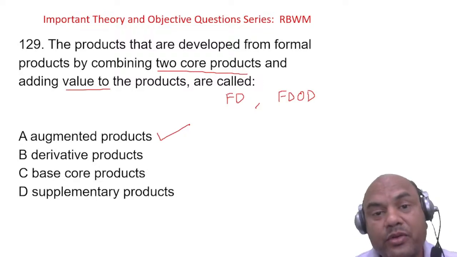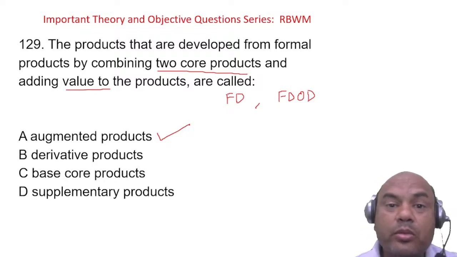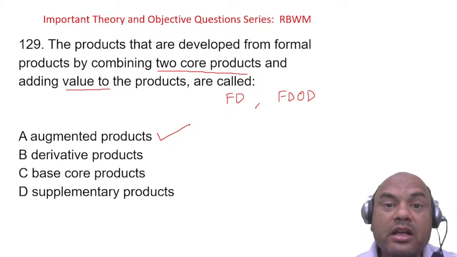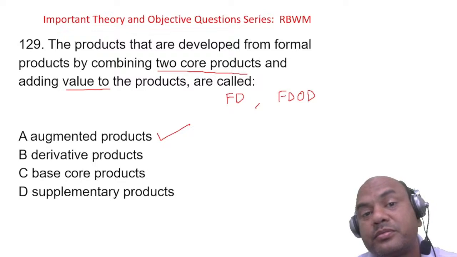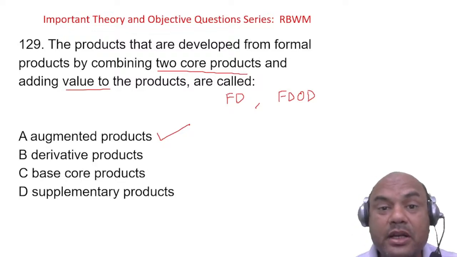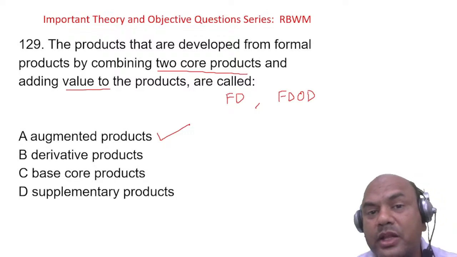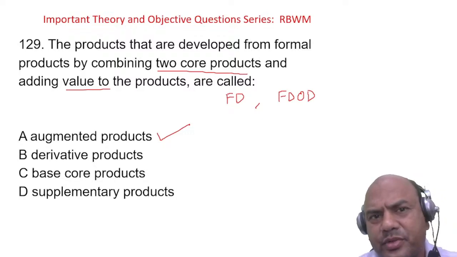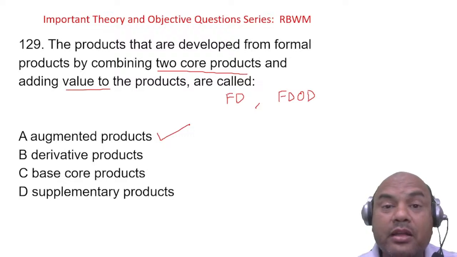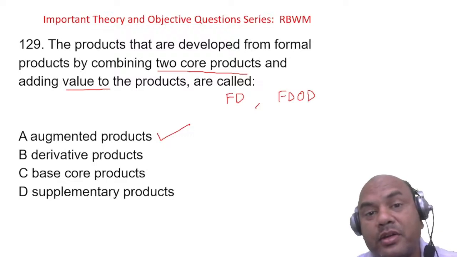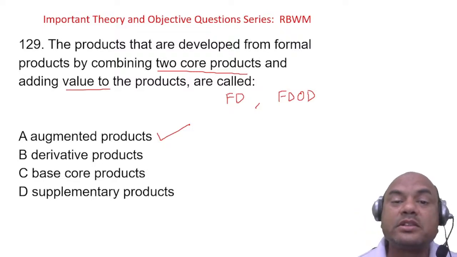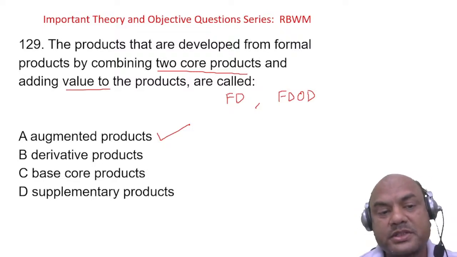One more I'll give you: home loans. Whenever you get a home loan, the bank immediately gives you a consumer loan. Why? Because it's an augmented product. They know you'll buy a new house, so you'll definitely need a new refrigerator, new television and so on. So this is a combination of two core products.